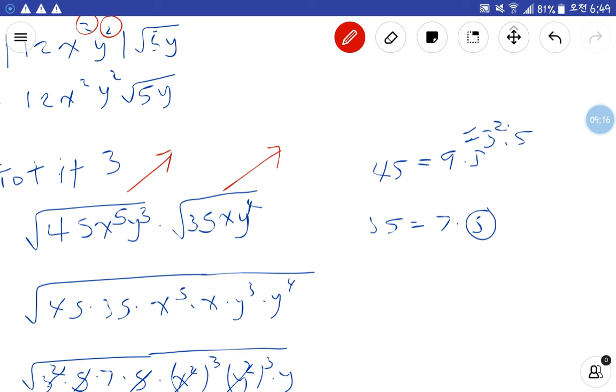Since the square root of 45x to the 5th power y to the 3rd power should be a real number, which is a positive number, x and y, when you start, need to be non-negative numbers.